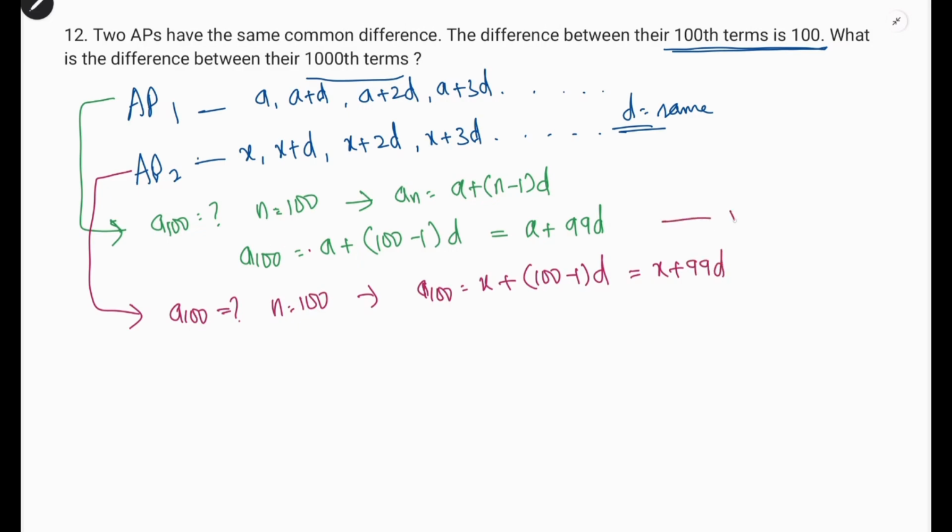Okay, so this is the first equation and this is the second equation. It is told the difference between their 100th terms, so the difference between these two equations is 100.